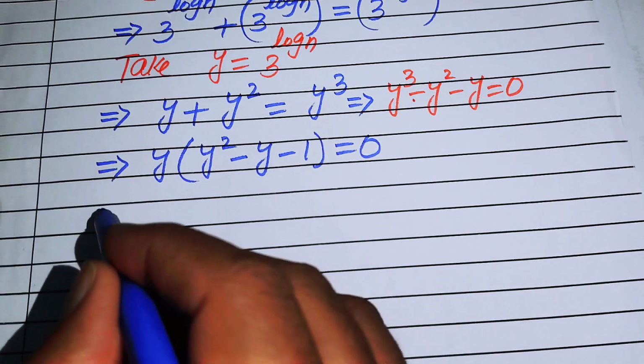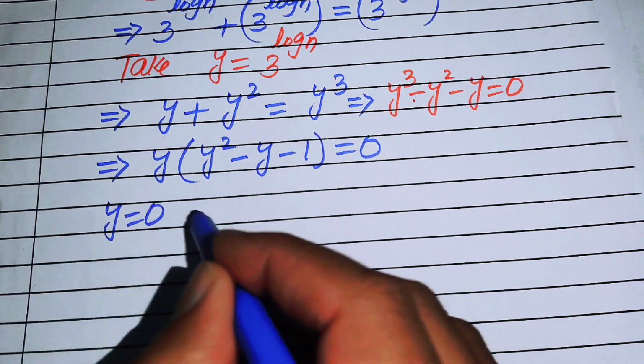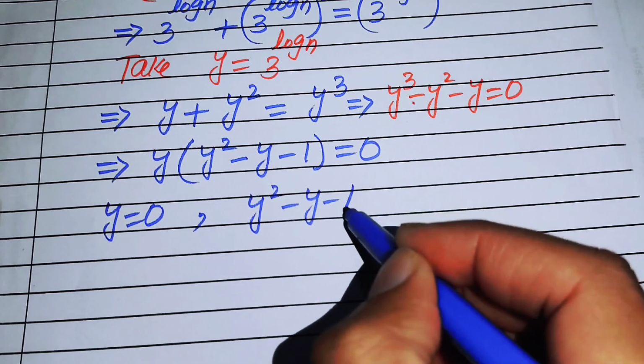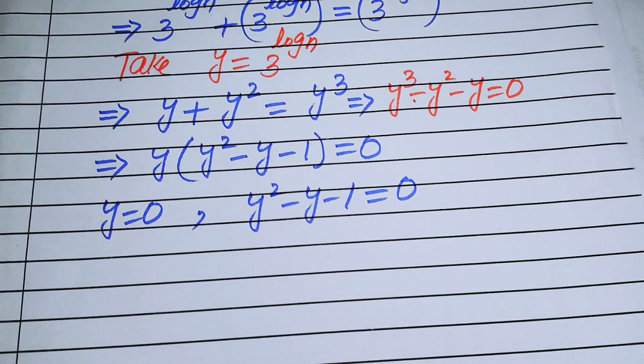The first case is y equals 0, and the other case is y squared minus y minus 1 equals 0.